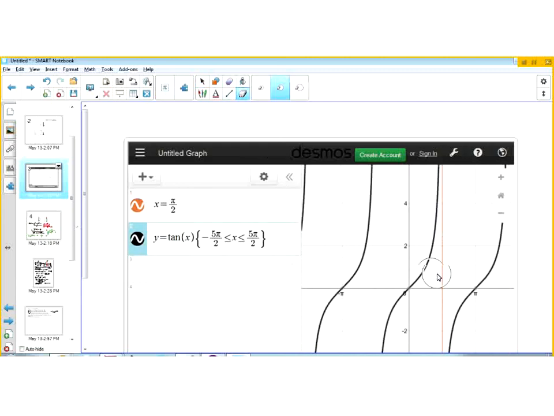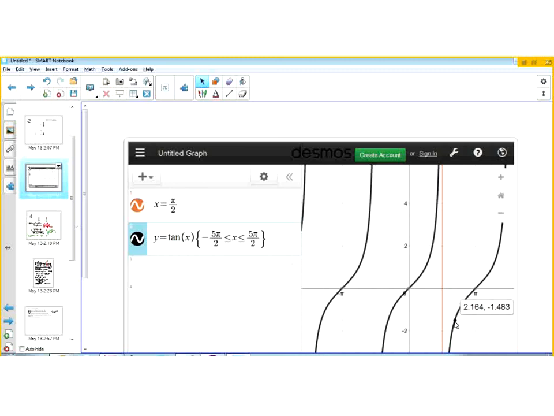Okay, so as we approach pi halves, which is the orange line, from the left, look what happens to our output. The output zooms up toward infinity, right? And as we approach pi halves from numbers bigger than pi halves, the output falls toward minus infinity.